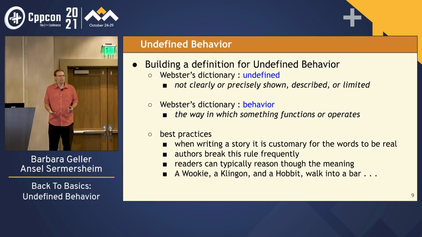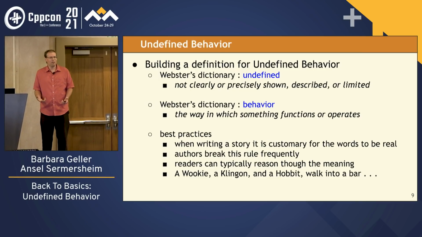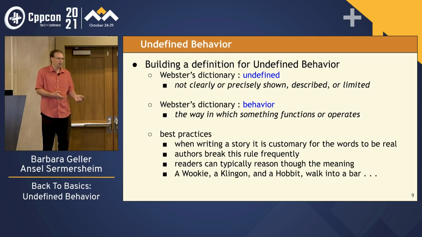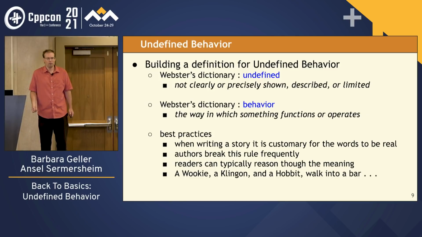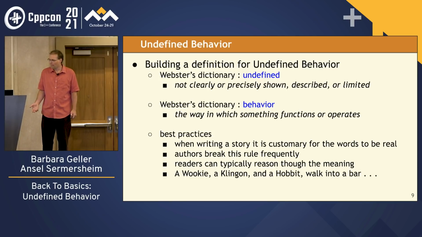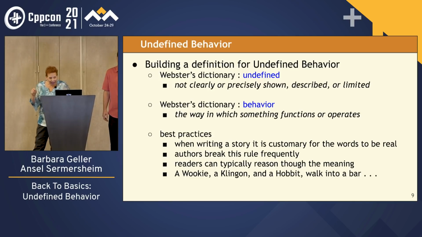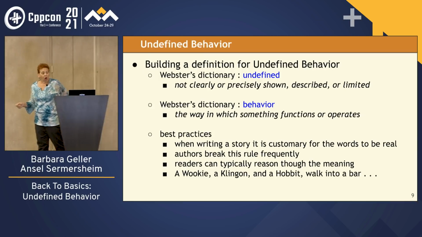So let's take this idea of definitions and start building a definition of the term undefined behavior. And let's look at what undefined means. Well, the dictionary says it's not clearly or precisely shown, described, or limited. And behavior, this is the way in which something functions or operates.